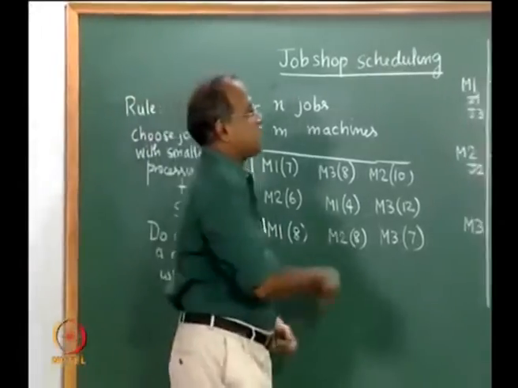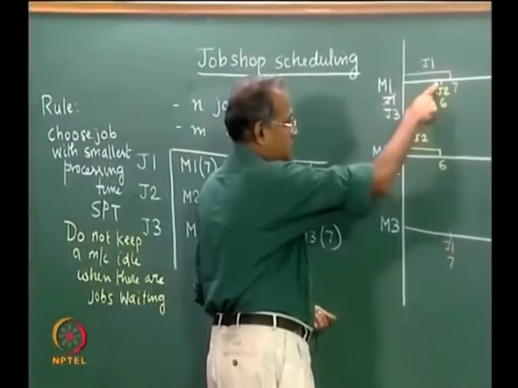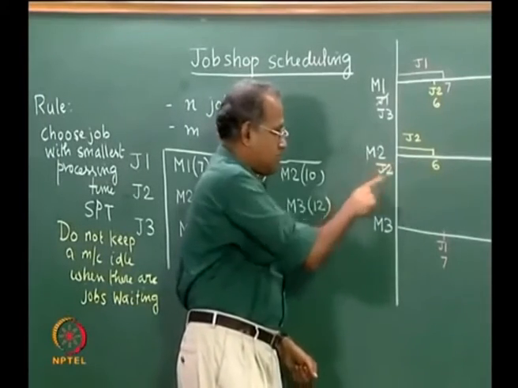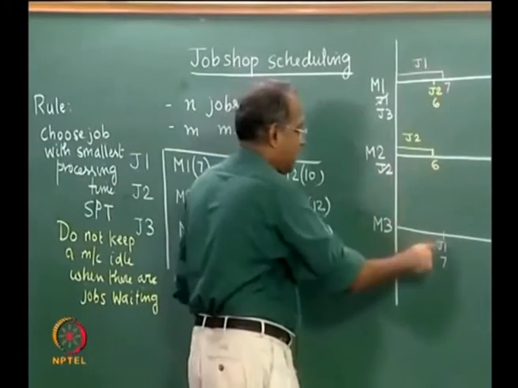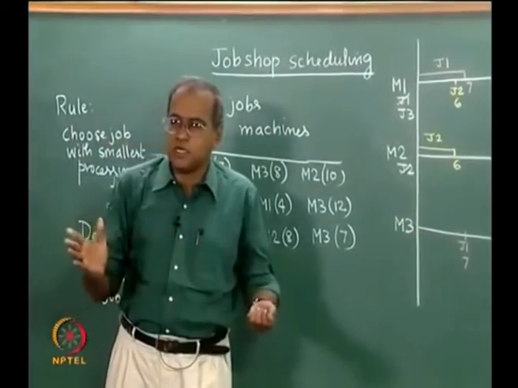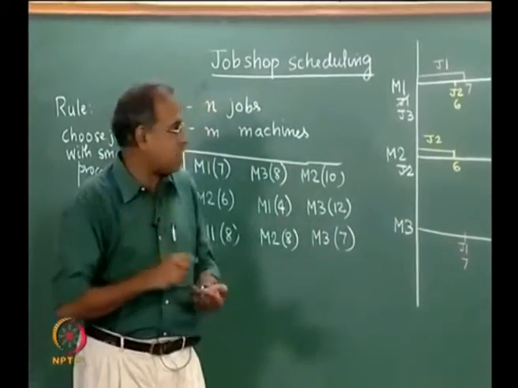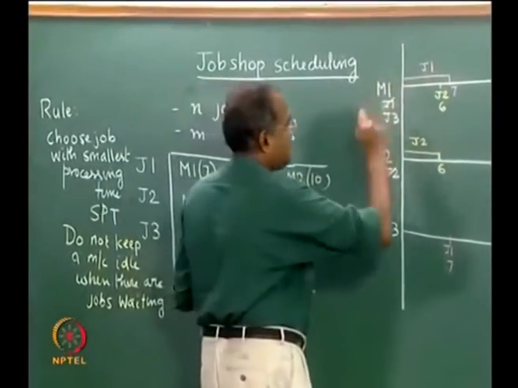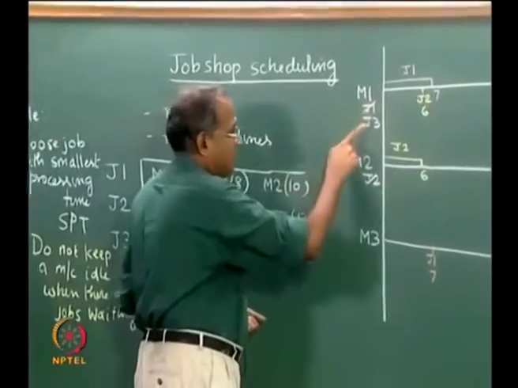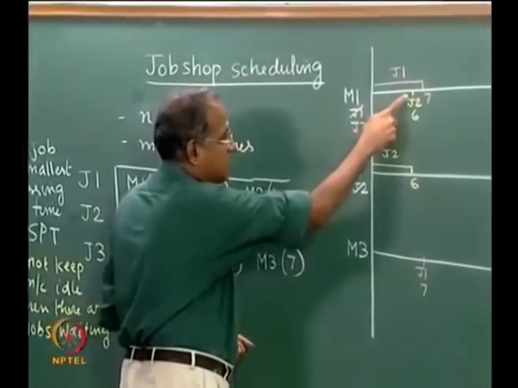At time equal to 6 M1 is busy, at time equal to 6 M2 is free, but there is no job waiting. At time equal to 6 M3 is still idle and there is no job in front of it.